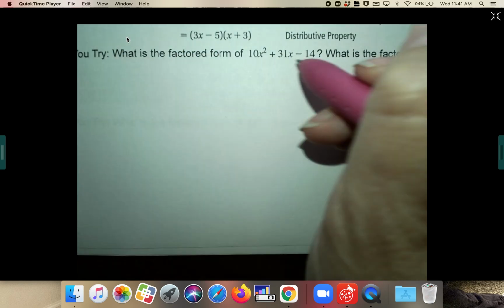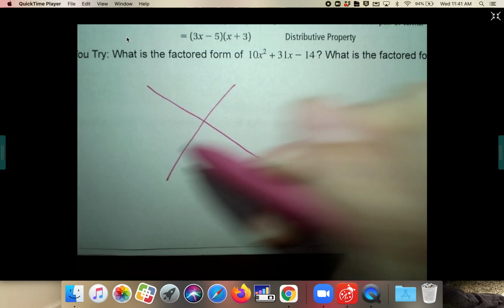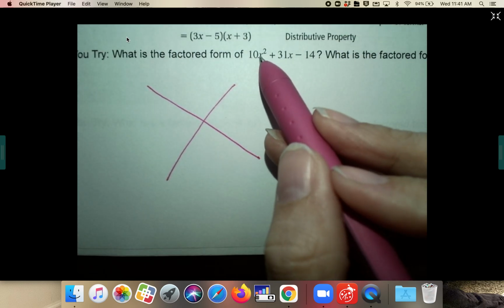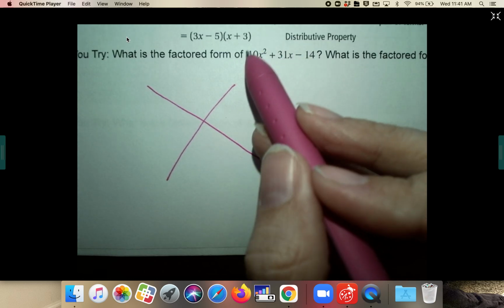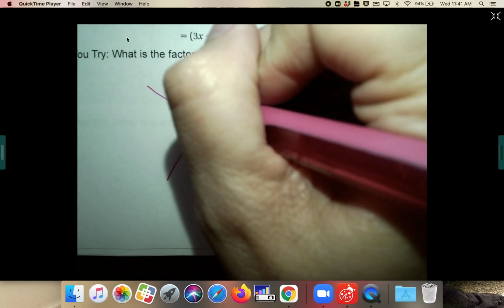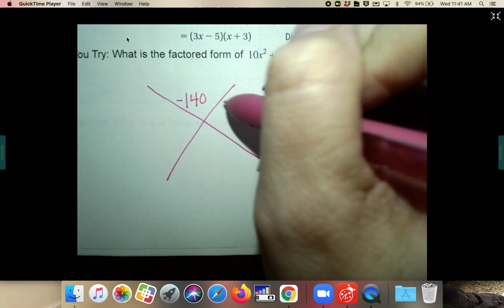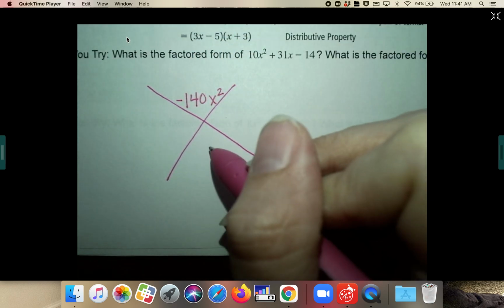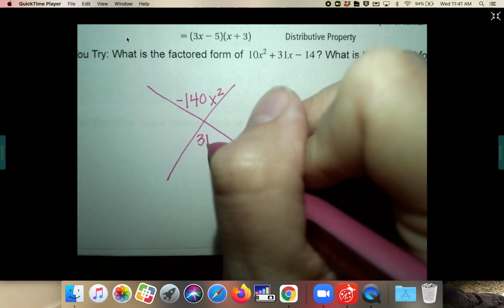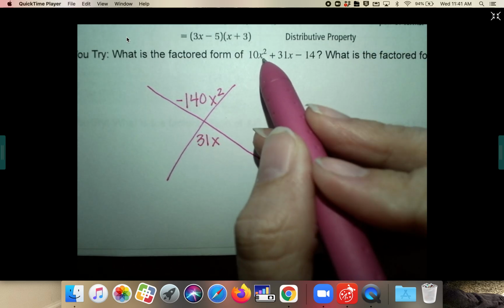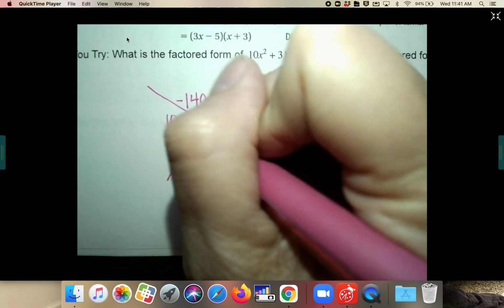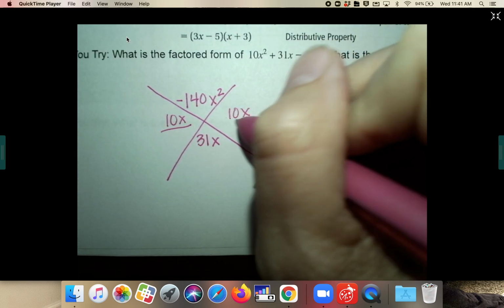All right, so we're looking at 10x squared plus 31x minus 14. A times C would be negative 140. So this is going to be a little trickier. B term is 31x. A term is 10, so 10x over, 10x over.